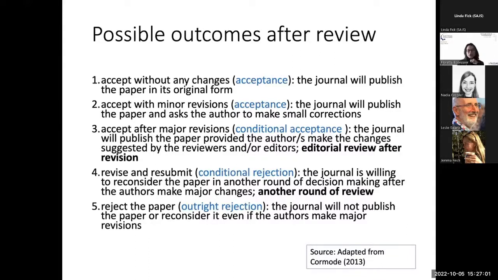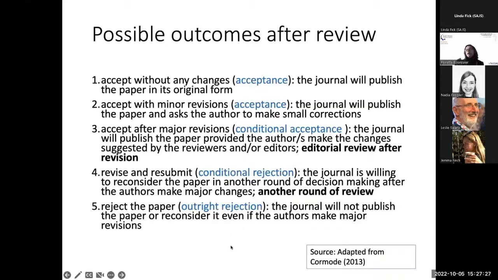But it does need to go through another round of review. Okay, so once the major changes which were recommended by reviewers and the editor have been made, it comes back, and then it either goes to the same reviewers if they're available to review, or it goes to different reviewers if the same reviewers are not available.